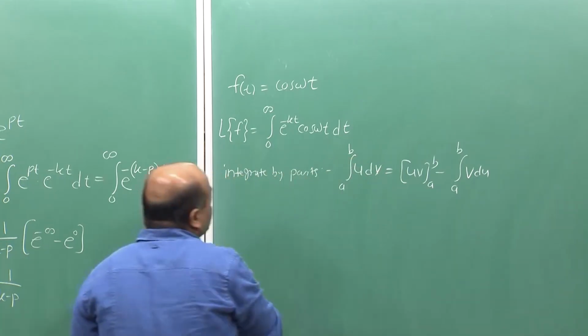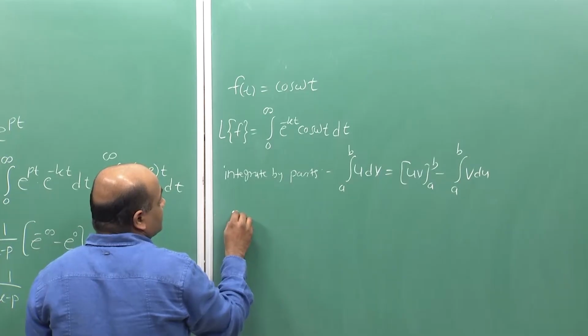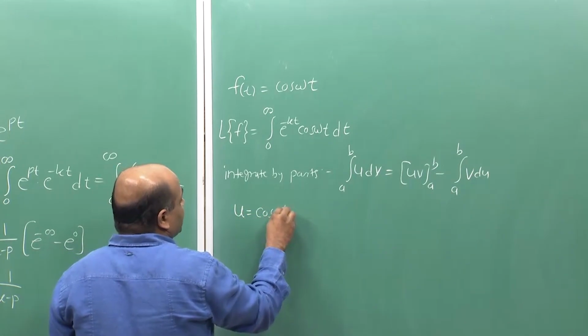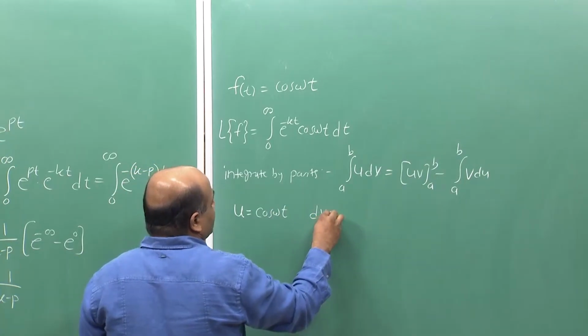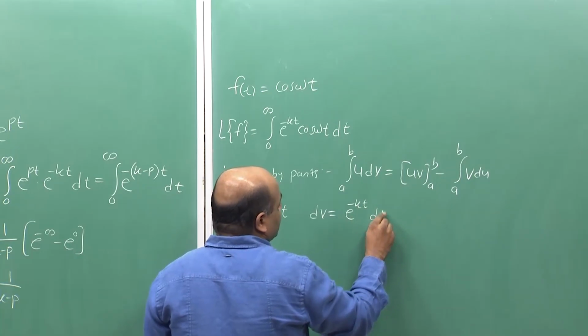So, here we can write our u as cos omega t and dv as e to power minus k t dt.